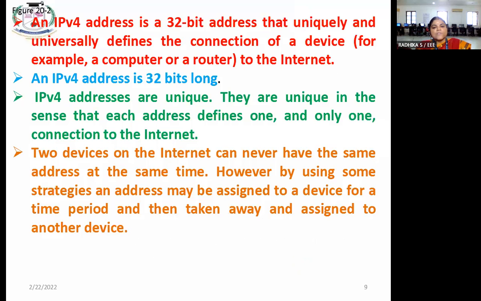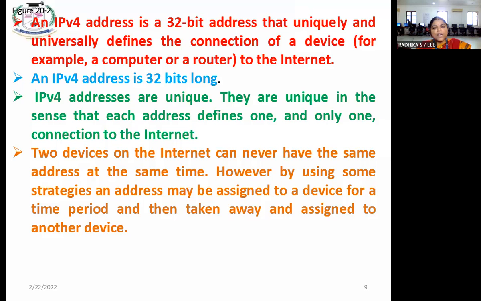So let us now discuss the IPv4 address. This IP address is of size 32 bits, and each and every device is said to have a unique address. Like how you are identified in the university, we identify each and every one of you uniquely by your register number.